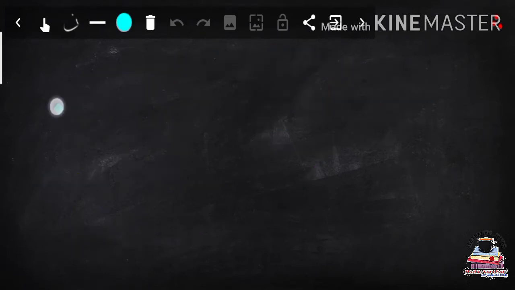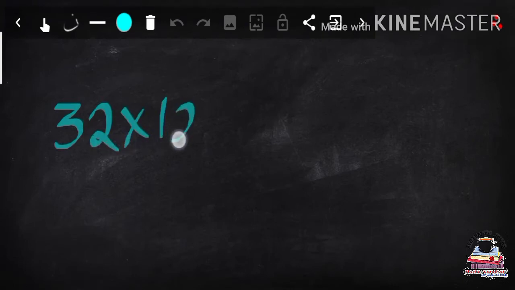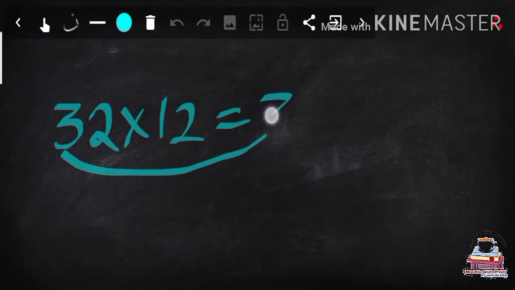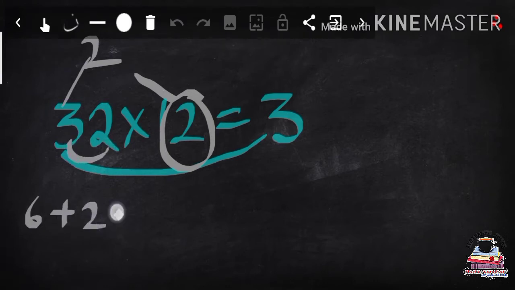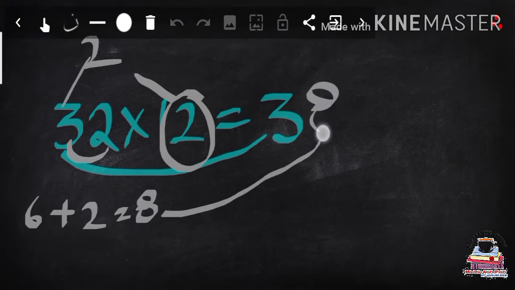Okay, now let us see easy way to multiply any number with 12. Here I am taking 32 into 12. Take first digit of the given number as first digit of our answer, and to get remaining digits, multiply 2 with first digit of the given number, that is I multiplied 2 into 3, that is 6, and then sum up it with second digit of the given number, that is 2.